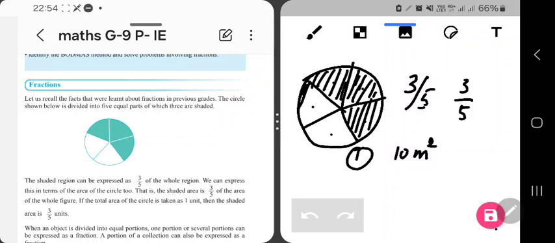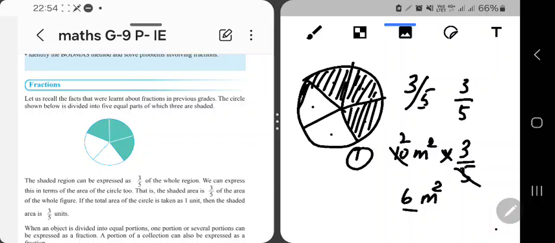Then the shaded surface area is calculated as 10 square meters times 3 over 5. 10 divided by 5 becomes 2, times 3, so the area becomes 6 square meters. If the entire area is 10, obviously the shaded section's area should be less than 10, correct?